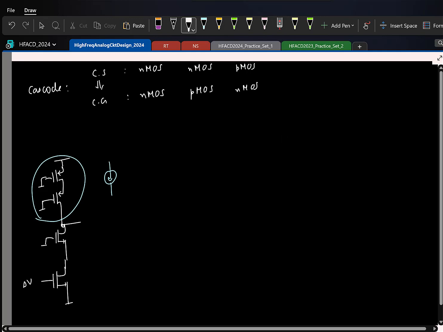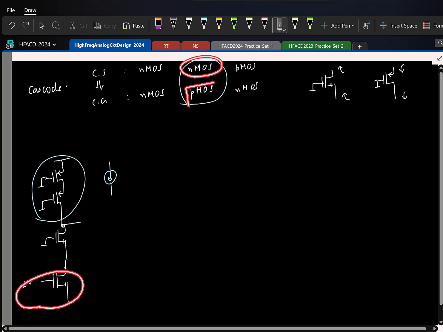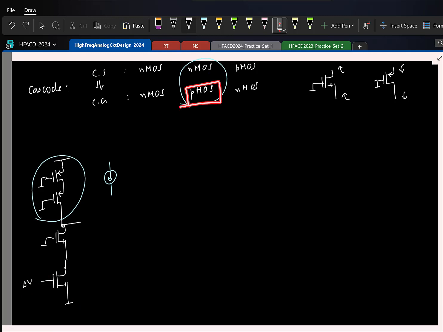So to remind you, remember for a PMOS transistor in common gate, the input current is supplied to the source, output current is taken at the drain. Same with the PMOS, input current is supplied at the source, output current is taken from the drain. So now I plan to make a cascode wherein the common source is of NMOS, but the common gate I'll realize using PMOS. So let's quickly try and do that.